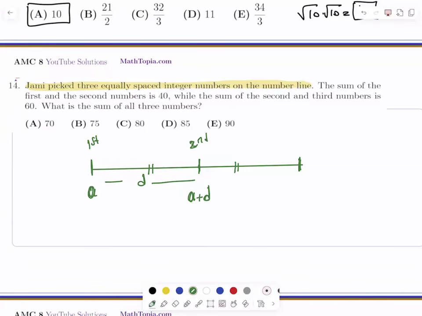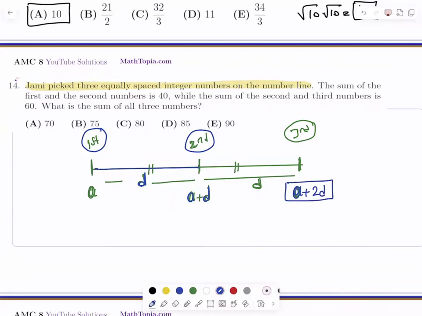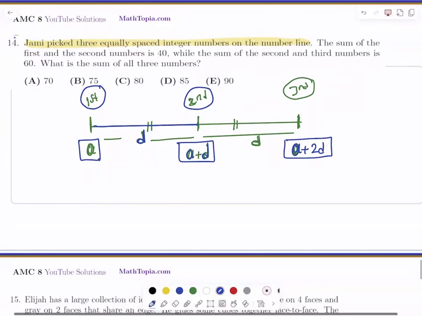D represents the distance, right? The first number, the second number. What about the third number? It's going to be a plus 2d, because it's the same space, one more d. So the third number is a plus 2d, and the second number is a plus d. And then the third number is what?